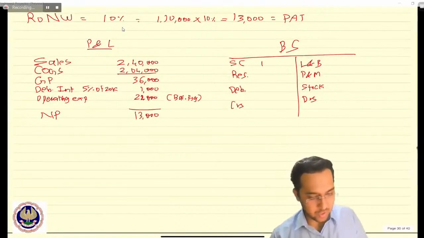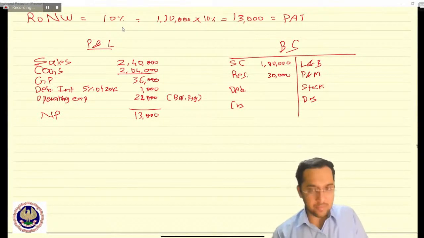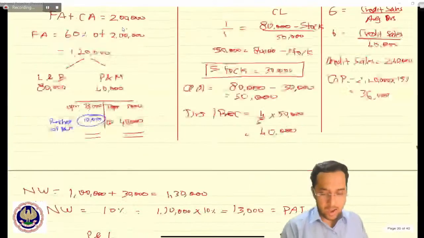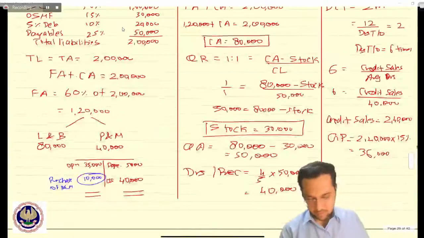So share capital is 1 lakh. Other shareholders' funds is simply reserves, which was 30,000. Debentures, we had seen it is 20,000. Creditors, we have already computed at that to be 50,000. Land and building value, we are having it as 80.